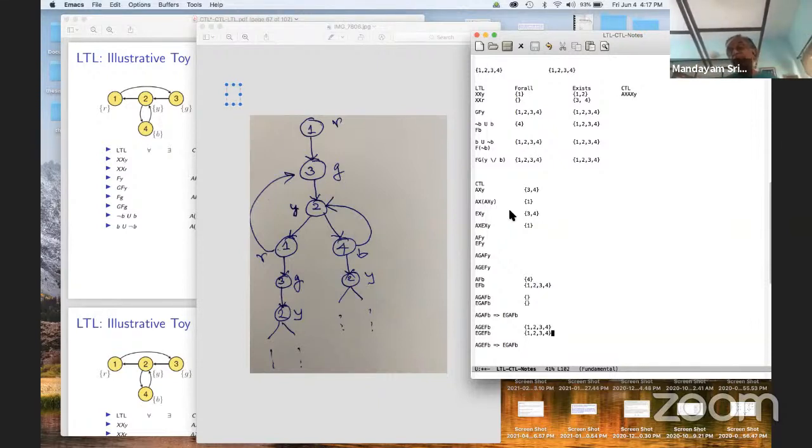That's why CTL model checking is more efficient than LTL. In LTL model checking, you have to look at paths directly and see if those formulas are satisfied by sets of paths, and therefore this is a bit more complex.